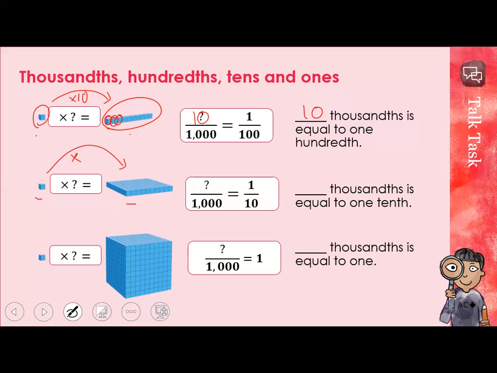Okay, welcome back. Well done if you were able to identify that this is 100 times bigger. So 100 thousandths is equal to a tenth. And well done if you identified that this is 1,000 times greater. So 1,000 thousandths is equal to 1.